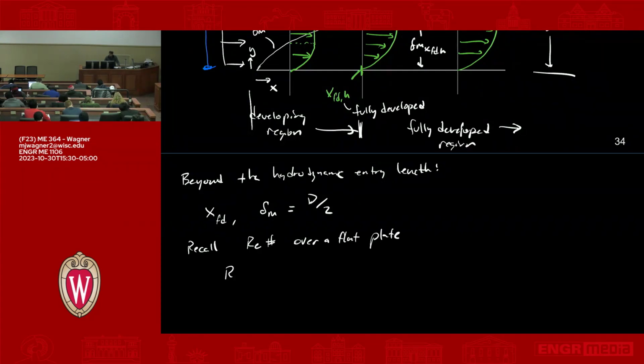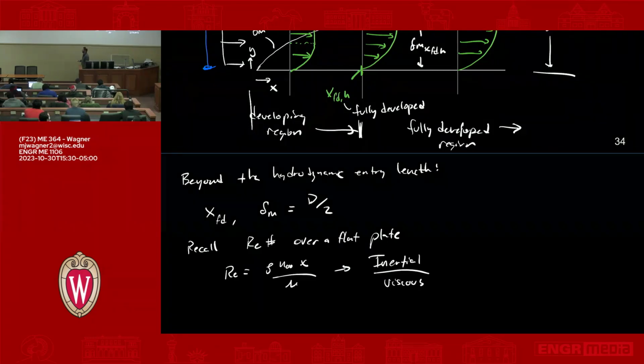Reynolds is equal to rho u infinity times x over mu, where this is basically inertial forces over viscous forces. In the case of flow over an external plate, x continues to change. x will grow, and as x grows, the Reynolds number grows.